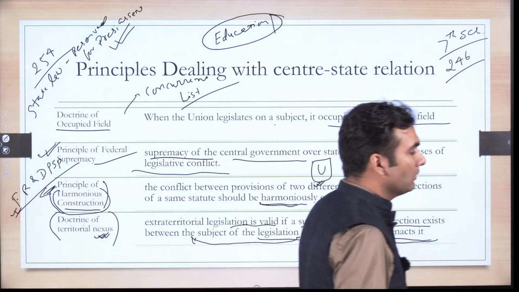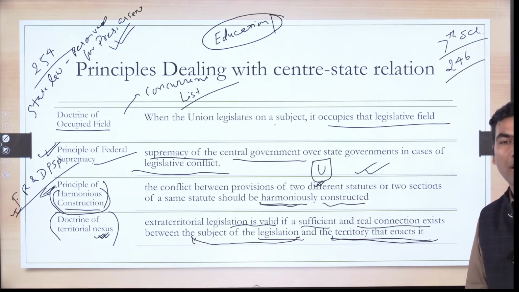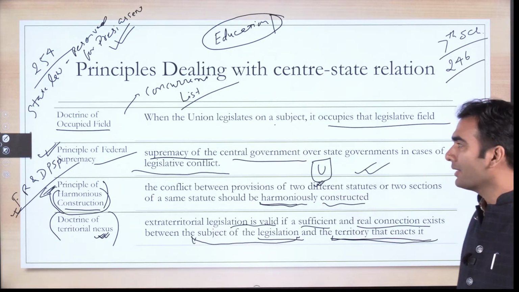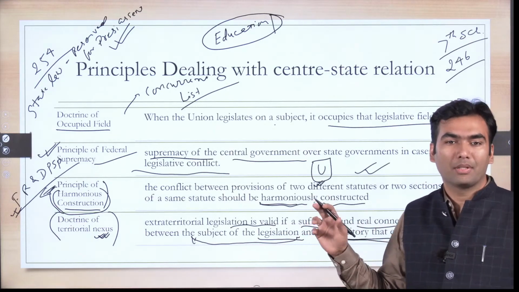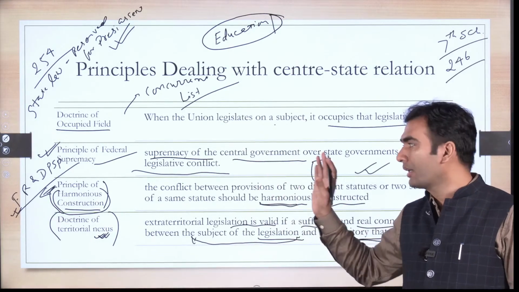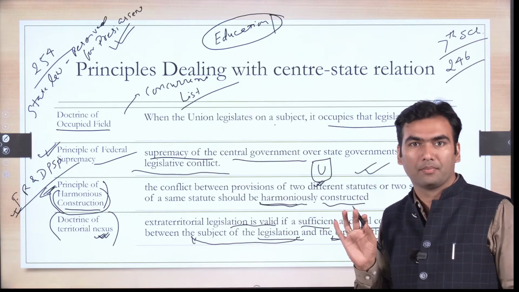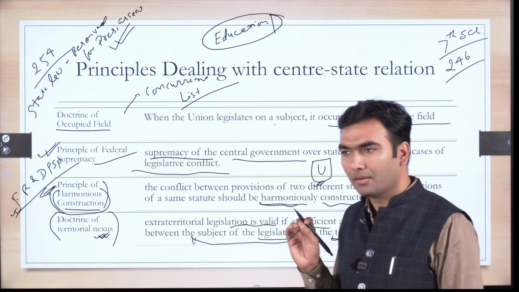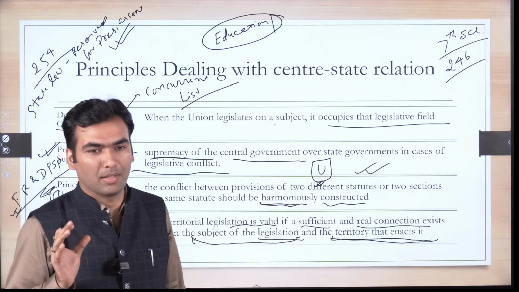You must take down this legislation. Suppose a question asks, first you have to explain this doctrine. If there is more than one doctrine in a question, you might have to compare the two doctrines, and you must give an example also. You may give a theoretical example or a real example.